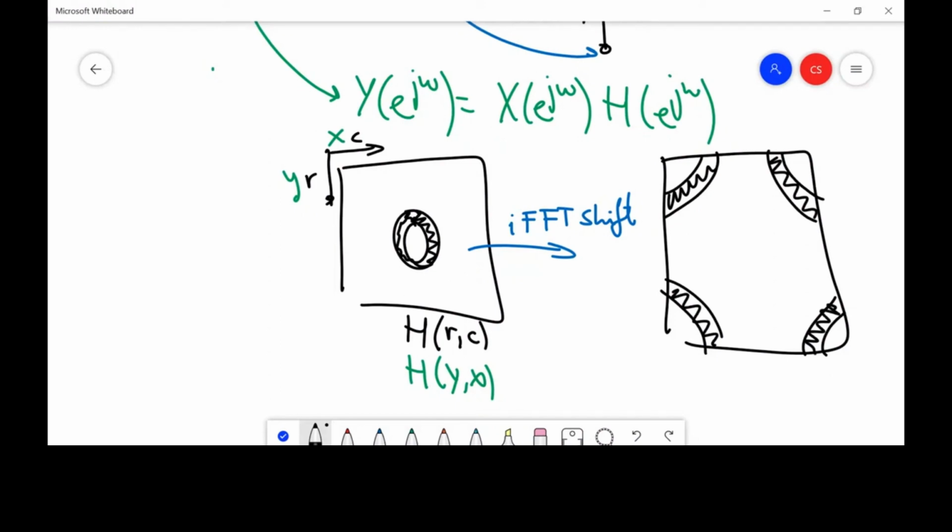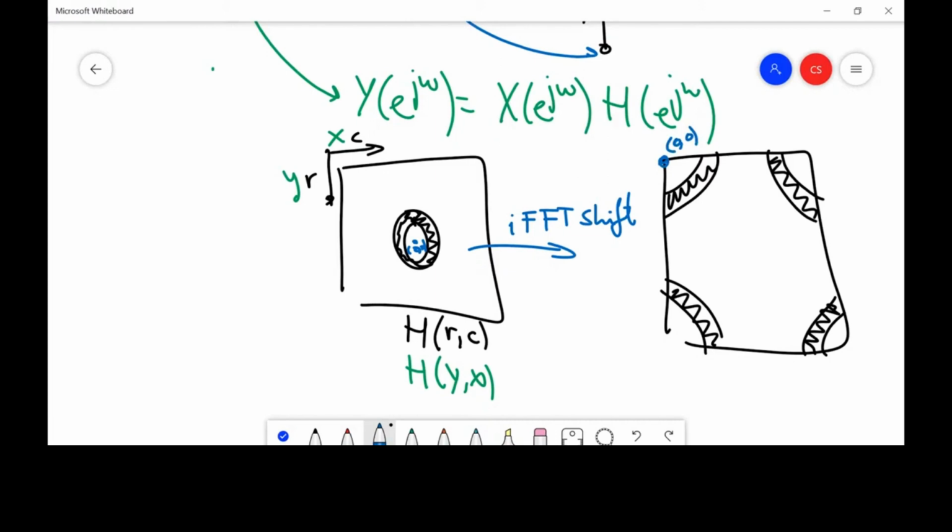So before convolving, we have to apply that operation and identify why. The origin in this image is here. Let's put it in a different color. So the origin is here. That is the 0, 0 point. But the 0, 0 point for MATLAB is always here in this corner.